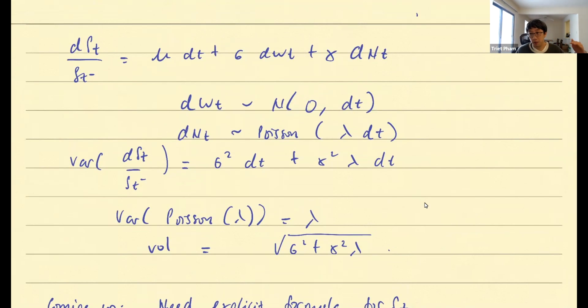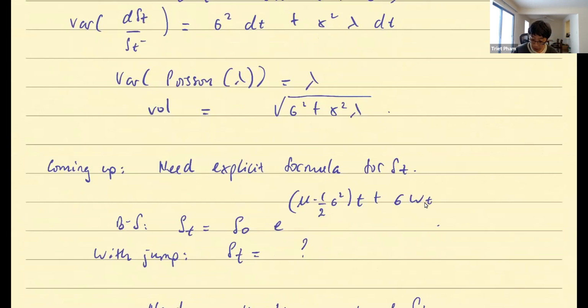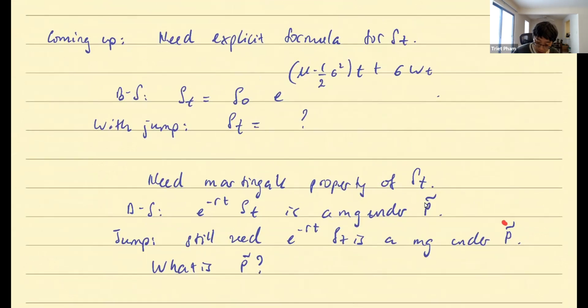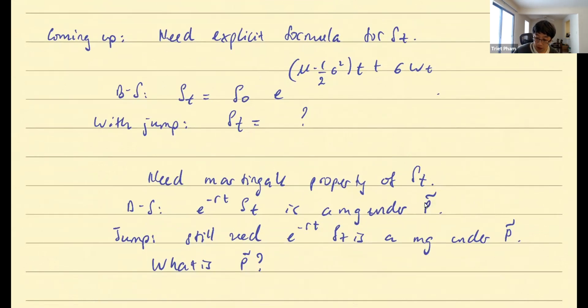Why? Because a martingale has constant expectation. So something must be modified in terms of the Poisson to turn it into a martingale. So what is our P tilde? And then it connects back to the explicit formula for the stock.